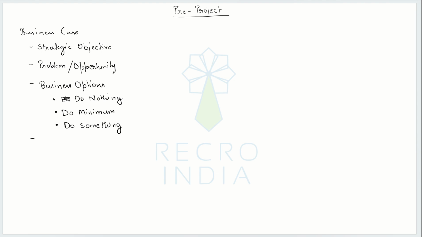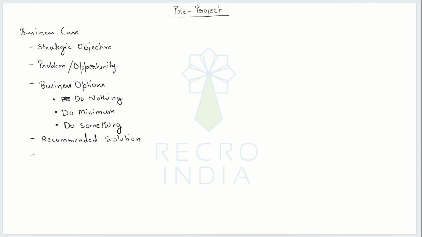Now, usually the business teams will also provide a recommendation of what we should do. And along with that recommendation, there will also be further associated data points that the business teams will highlight.